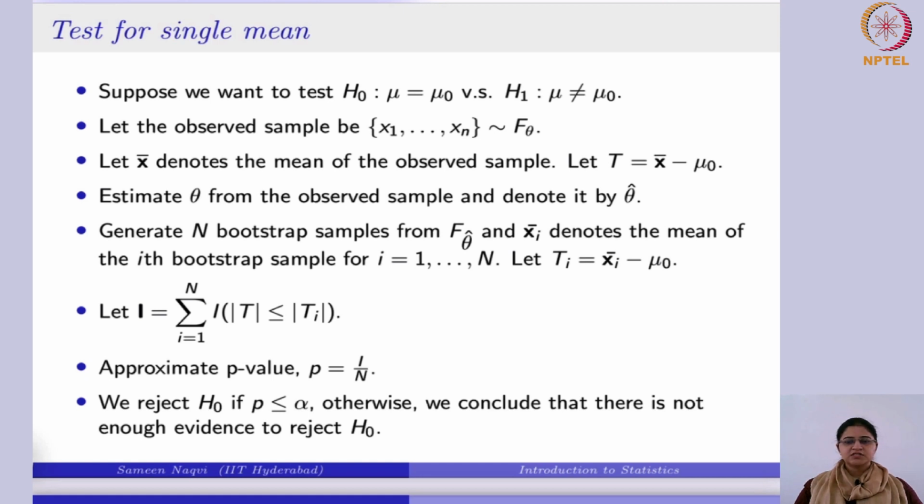So you can see that there is a minor difference from what you have done for the non-parametric case, because you are not sampling again from the sample itself. This is the sample that you have obtained from some distribution, and this distribution has the parameter theta. So you will estimate this parameter, and instead of sampling from the sample as we have done earlier, because in the non-parametric case you do not have any idea about the distribution, so you just keep on working with the sample itself.